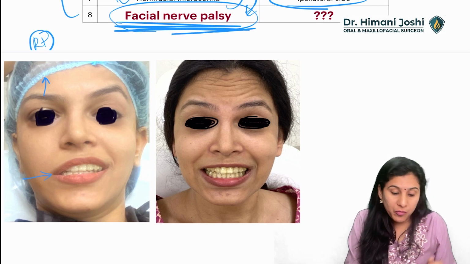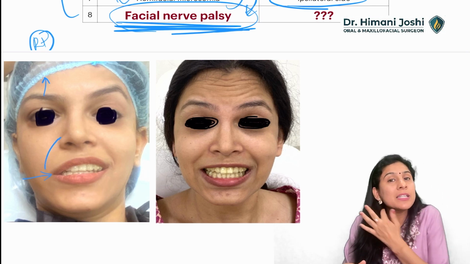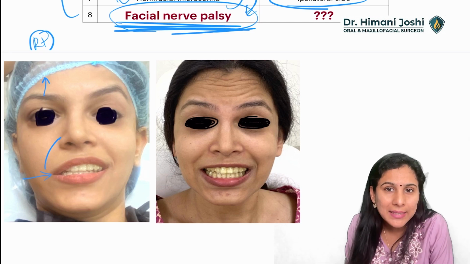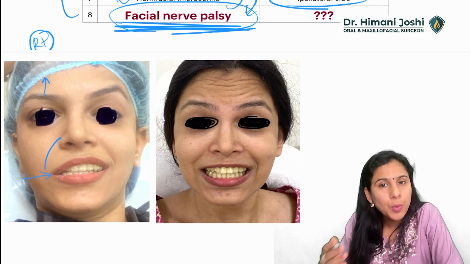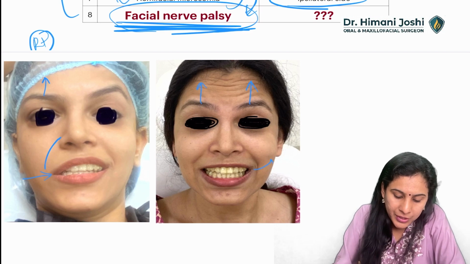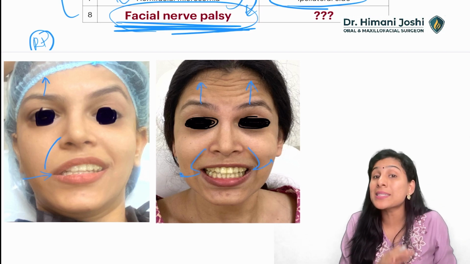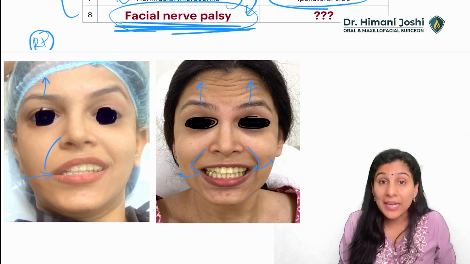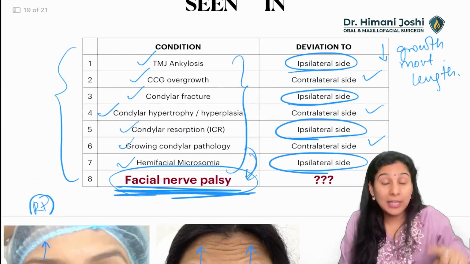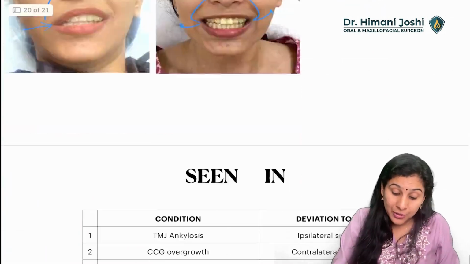All the movements, the nasolabial fold is gone on the right side. But since it is only due to the effect of the local anesthetic, she recovered within a few hours. And the next day when she came to me for follow-up, everything was restored. The smile is normal, the folds are normal, the facial nerve palsy is transient or temporary. And remember, it can be seen in all the surgeries that are done in and around the facial nerve.